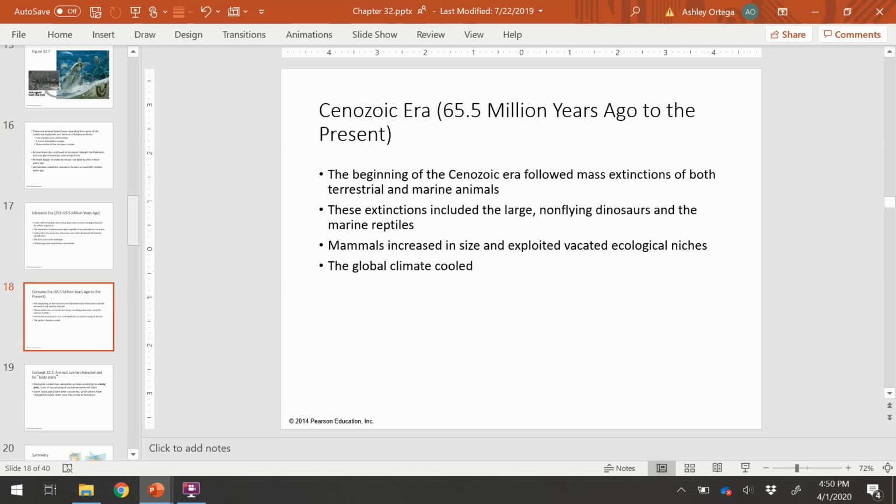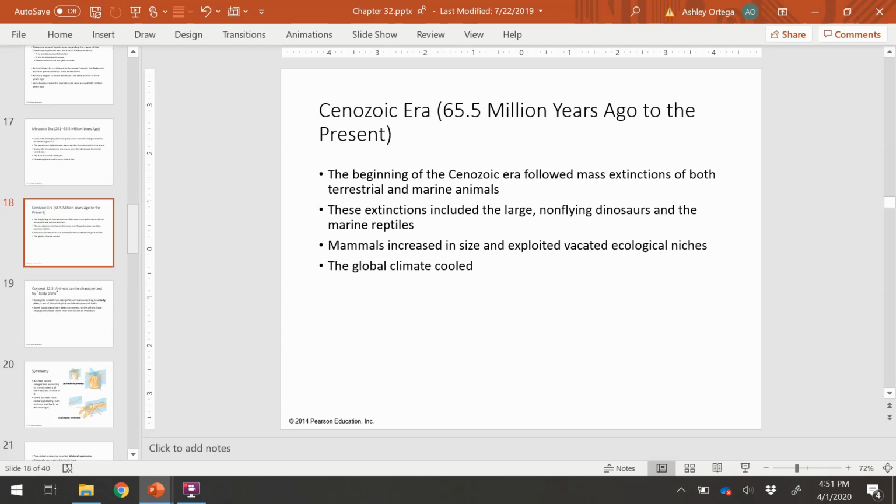Most notably, the dinosaurs became extinct at the beginning of this era, 65.5 million years ago. As they left, that allowed the mammals that were left behind to exploit those vacant ecological niches or ecosystems, and so they diversified.